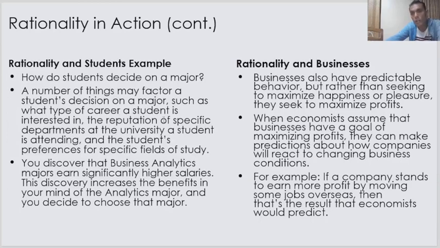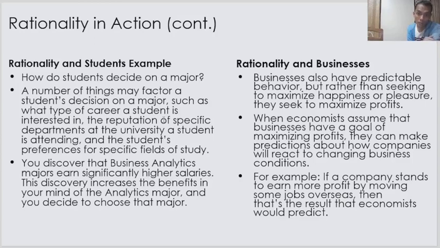Like I said, these are examples ng that you are using or practicing rationality in your decision making. So example, sa estudyante, nag-decide ka ng anong kukunin mo pag magkukolehiyo ka. So, madami kang factors na titingnan, anong major or degree ang kukunin mo.